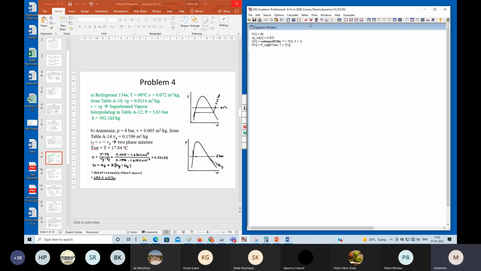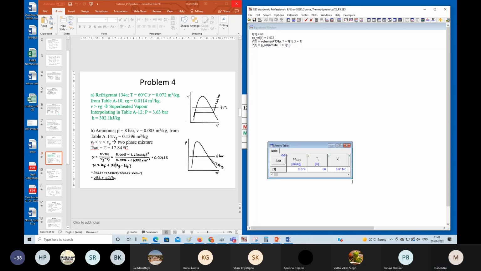In that case, let us see. What is the pressure? 16.83 to 3.63, right? Okay, this is superheated, right? We should not calculate it with this T. We have to calculate it with this volume v1.